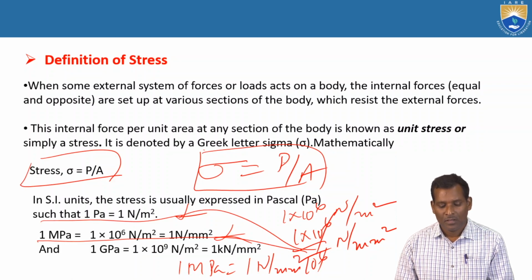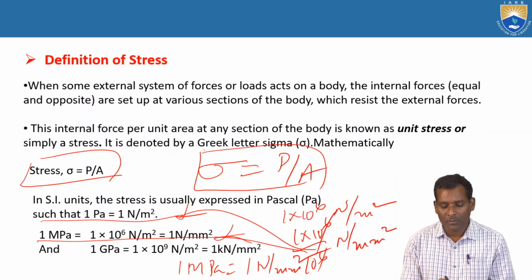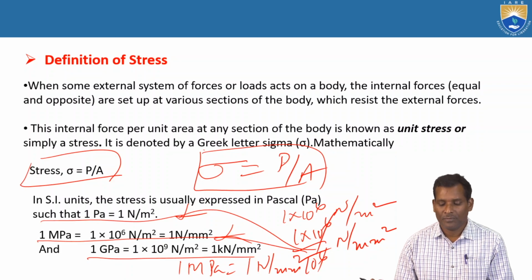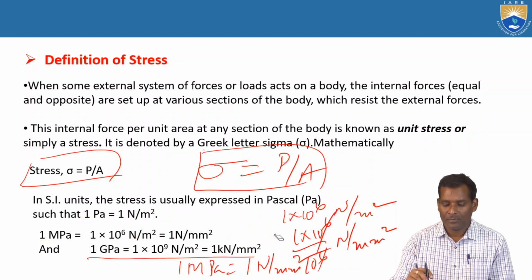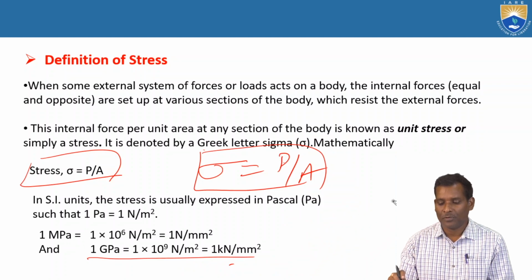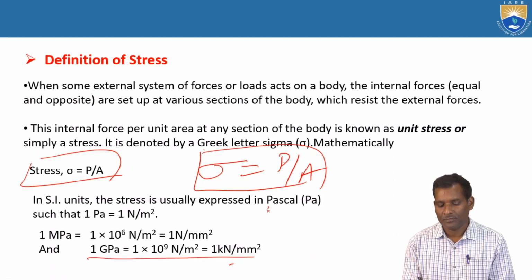Clear? Similarly, 1 gigapascal is 10 to the power of 9 Newton per meter square.